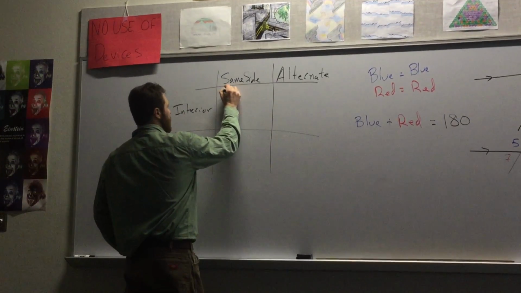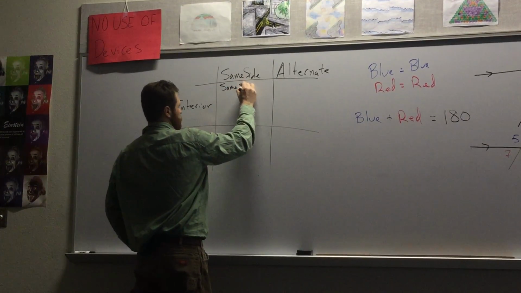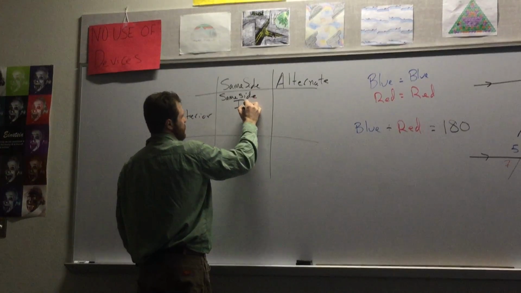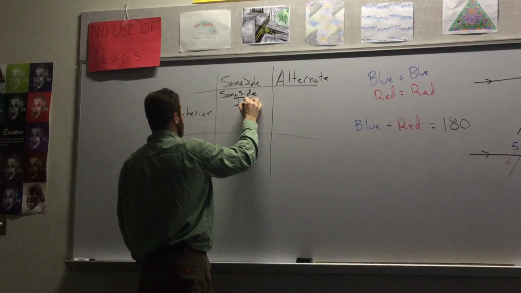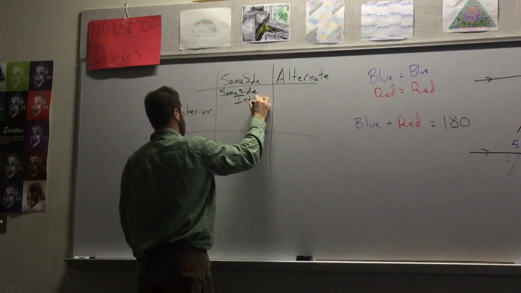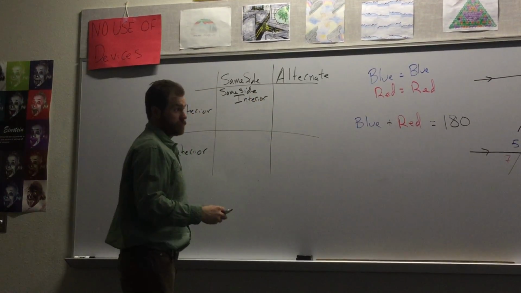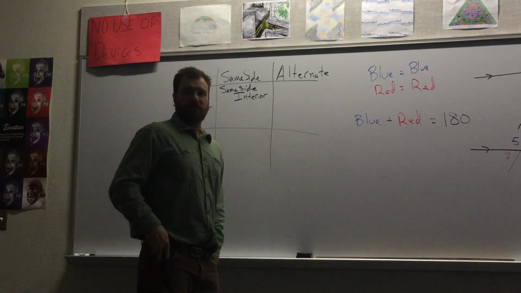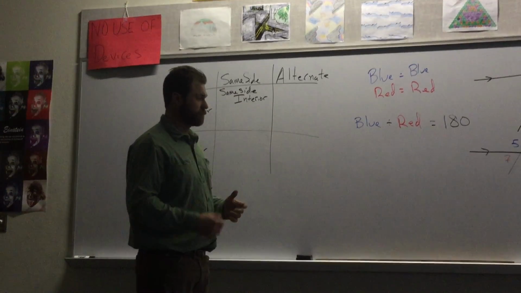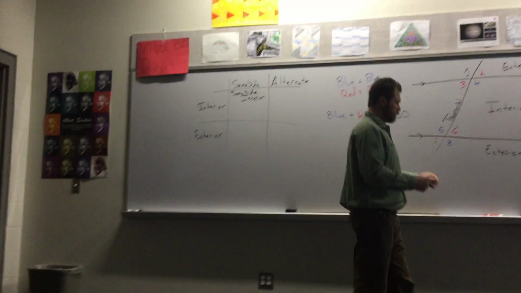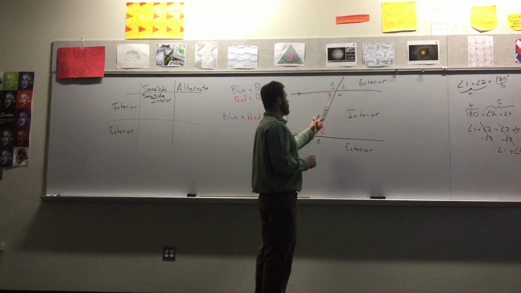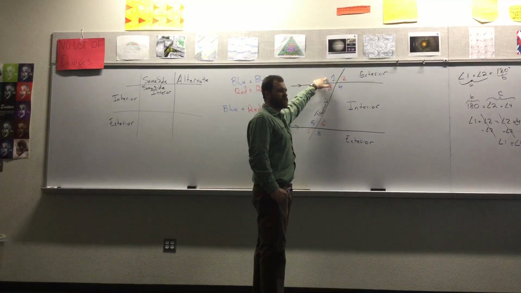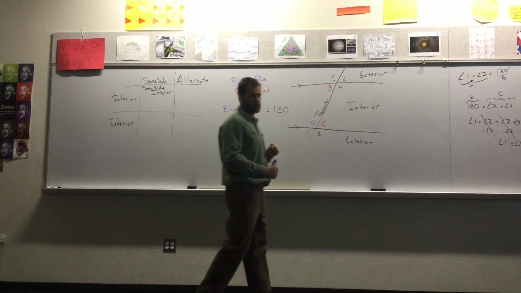So we have same side interior angles. Can anybody give me 2 angles that are on the same side of the transversal and interior? Same side of the transversal. All of these are going to be 1 angle from the top intersection and 1 angle from the bottom.